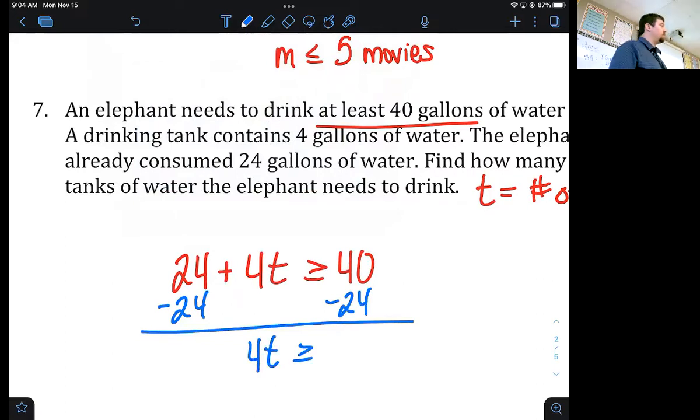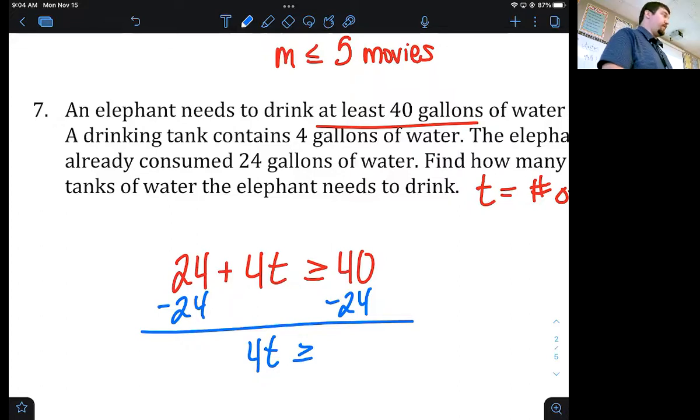I do get a number. 40 minus 24. Try it again. Now, as she's doing that, what we're finding is how many more gallons the elephant needs to drink in order to get to that 40.